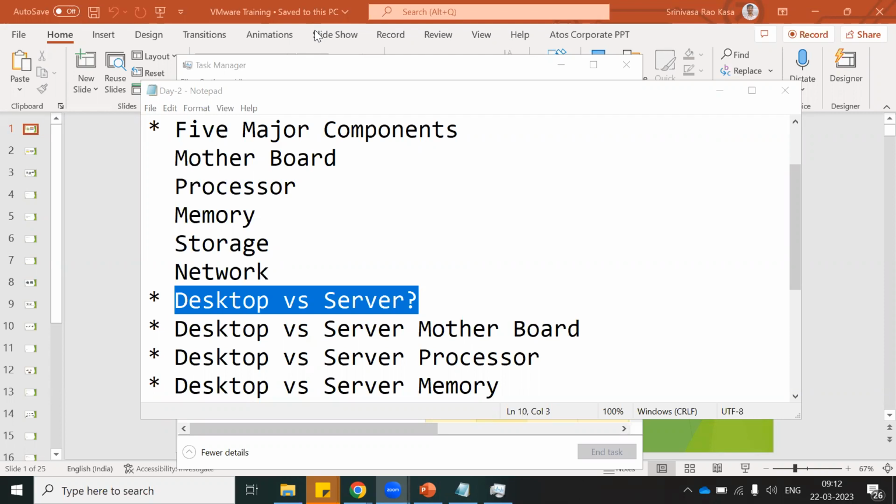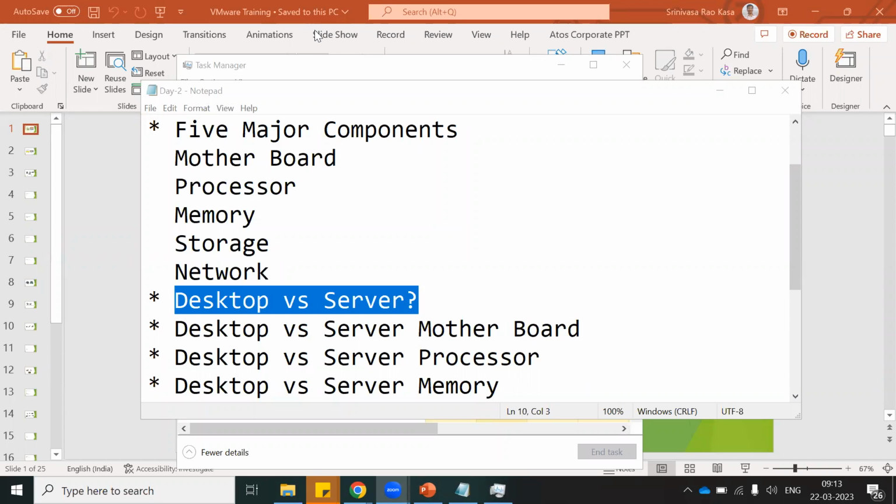It is going to go into an unresponsive state because of the heating components. So the performance of the hardware always depends on the deciding factor of whether it is desktop hardware or server hardware. Why do we need to choose desktop hardware, why do we need to choose server hardware? It all depends upon how many users are going to access that particular device.